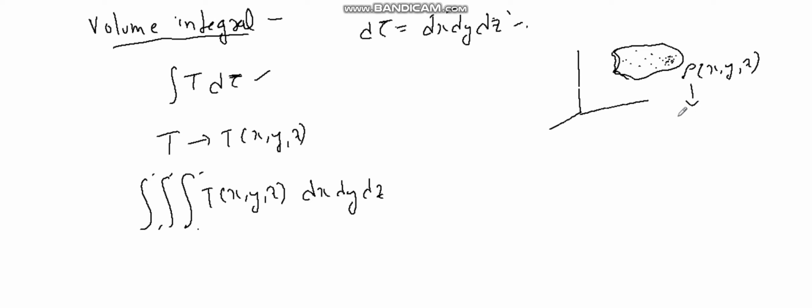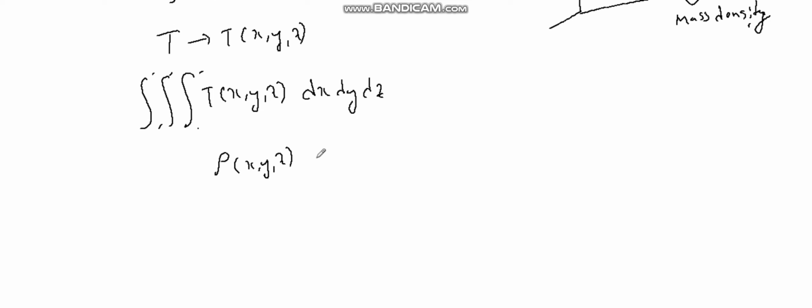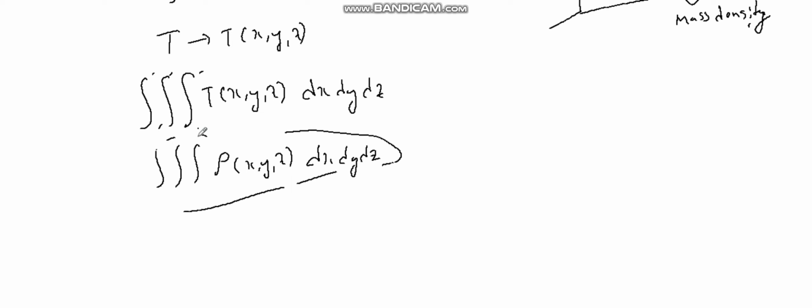So rho is here the mass density of that distribution, right? And if we replace this t by this rho and take the d tau as it is, then this term will give the total mass of that distribution.